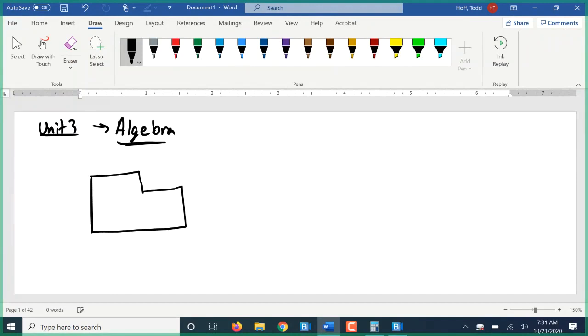Let's say we have an object like this, where this dimension is given as 9x. This dimension here is given as 3y. And I want to write an expression for that dimension there.